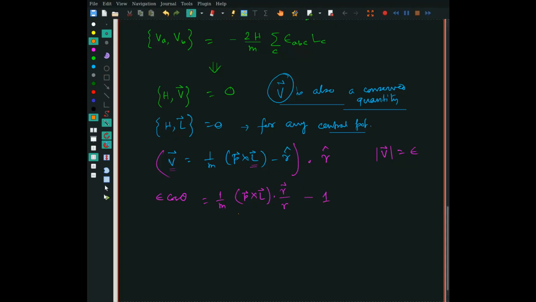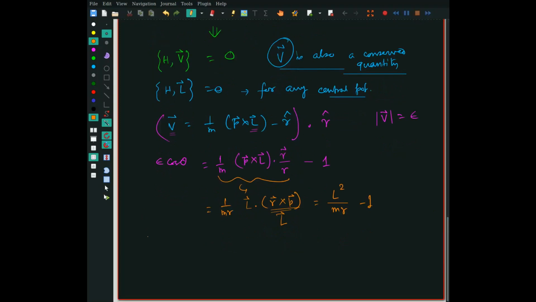This vector triple product you can write as 1 by MR, P cross L dot R, which is L dot R cross P. This is again L, and this is then L square over MR. So this is L square over MR minus 1.